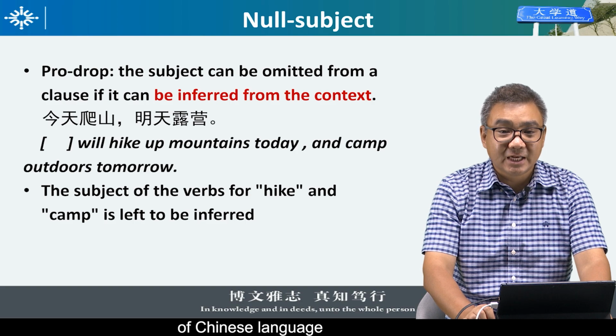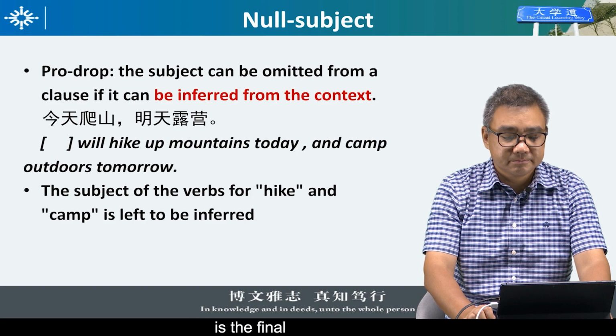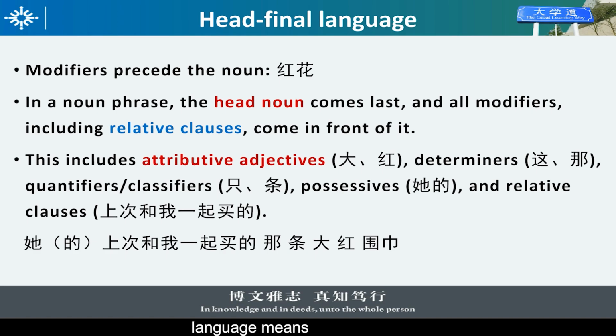Another feature of the Chinese language is that it is head-final. It is a head-final language, meaning the modifier precedes the noun. We talked about this example last time, right? 红花. 红 is the modifier and precedes the noun 花. In the noun phrase, the head noun comes last with modifiers in front, and all modifiers, including relative clauses, come in front of it.